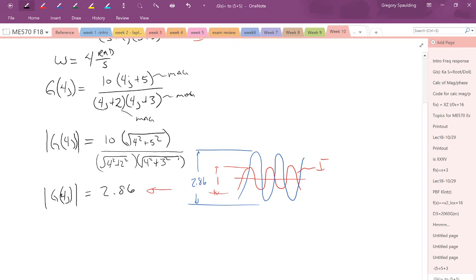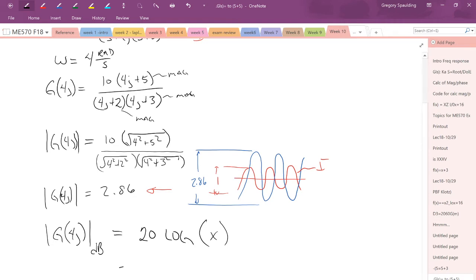So if we represent this in decibels, which was developed in association with the communication industry, the definition of a decibel is 20 log of the magnitude ratio, the raw value.